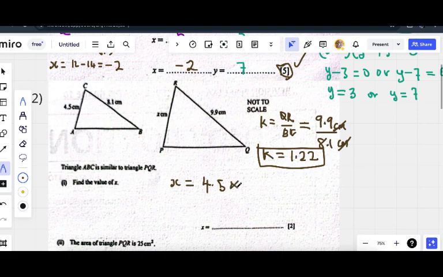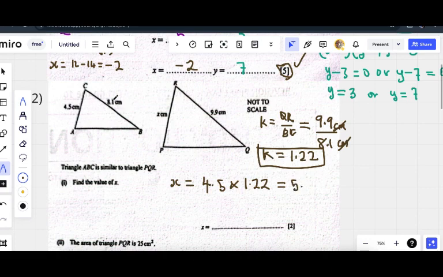So we multiply this, 1.22, we get 5.5, right? If you multiply this, you get 5.49, which is approximately 5.5 in one decimal place.